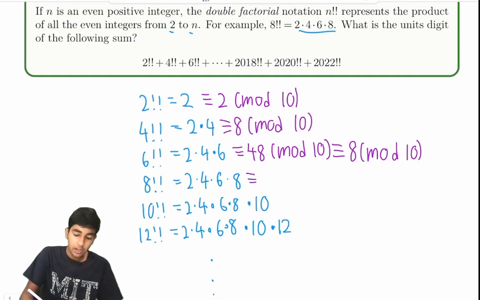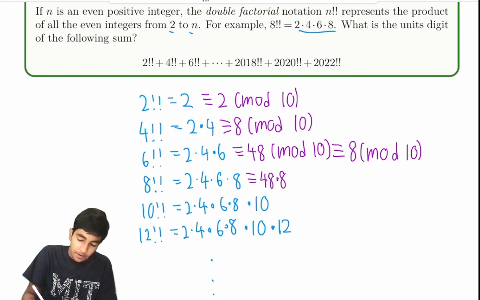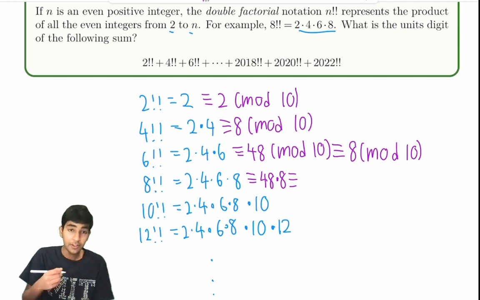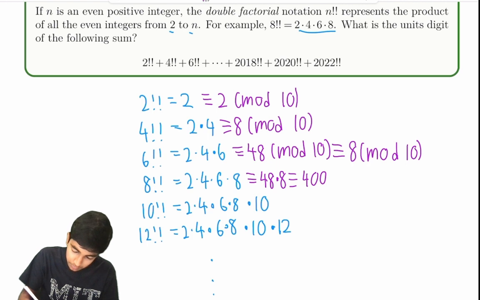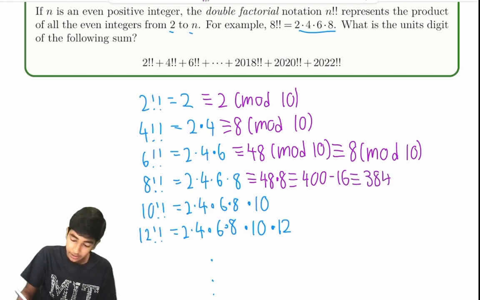This over here is 2 times 4 is 8, 8 times 6 is 48, and 48 times 8 is equal to 8 times 50 minus 8 times 2. That's 400 minus 16, that's 384 mod 10, which is 4 mod 10.